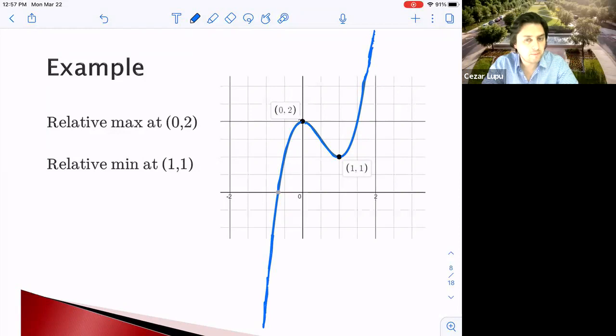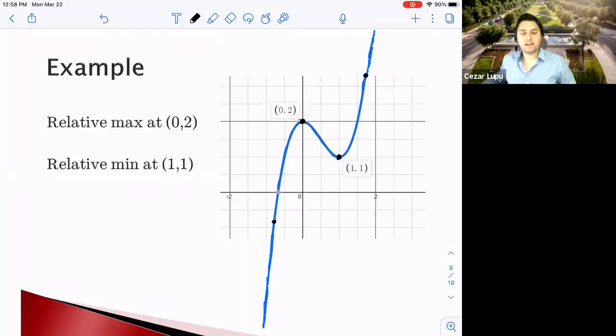But on this portion, do you see anything relative max? If you look at the relative maximum point, it's this one right here. That's the relative maximum. It's not the absolute maximum because I can have another point right here, which is higher on the graph of the function. And also the relative min will be this one here, of coordinates (1, 1). It's not the absolute min because I can have another one right here, for example.